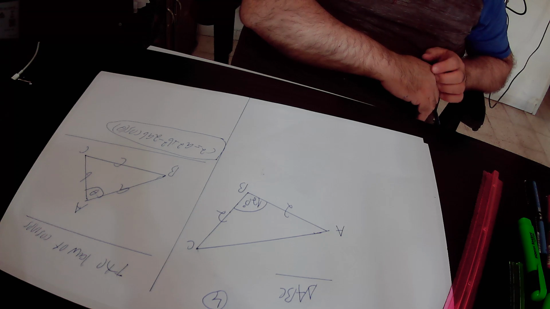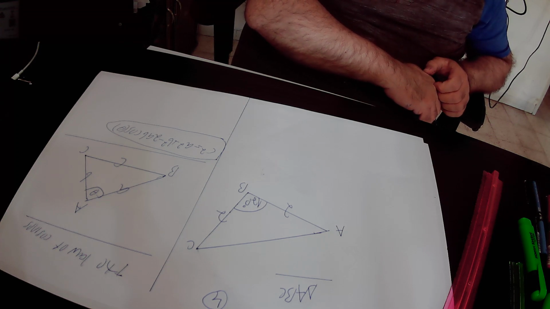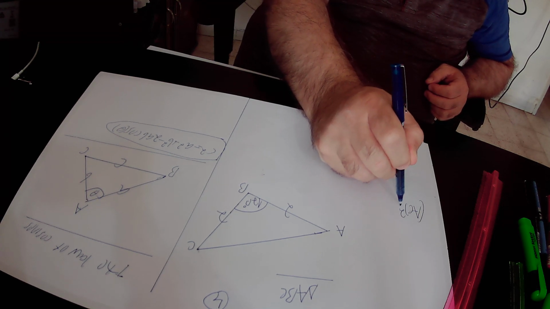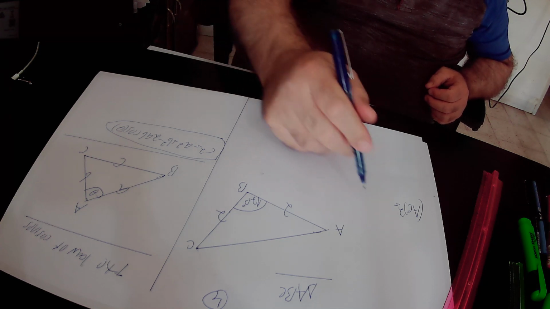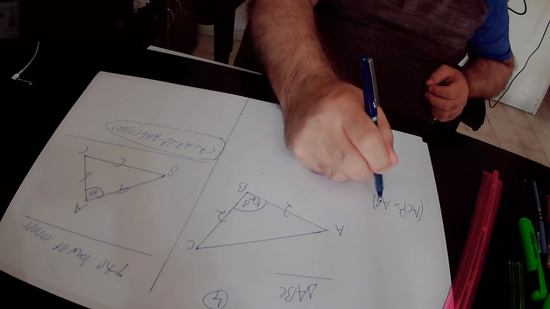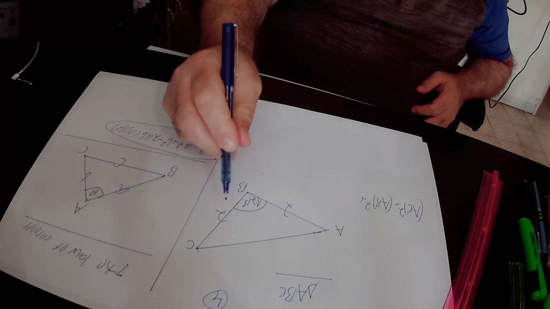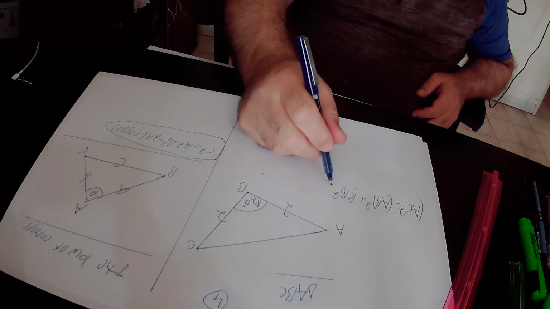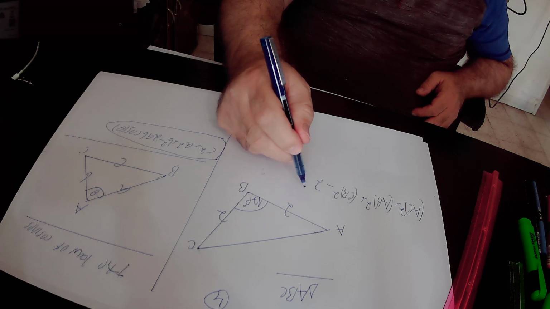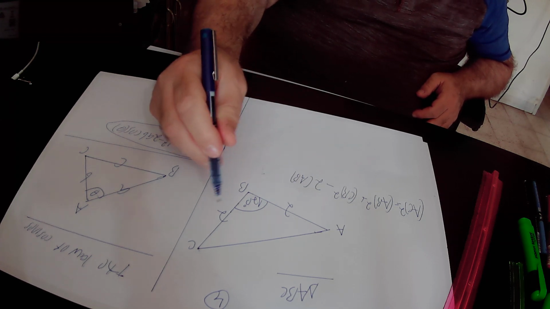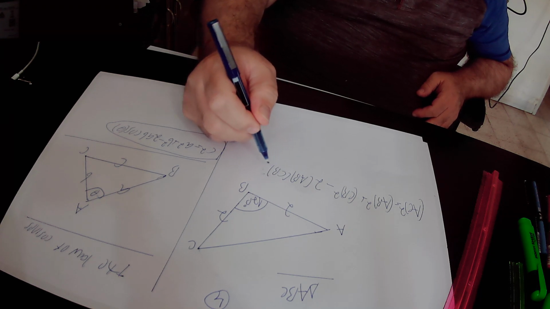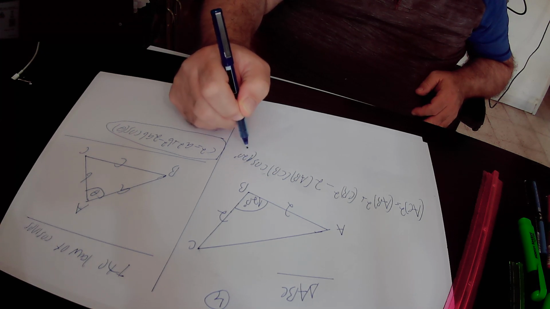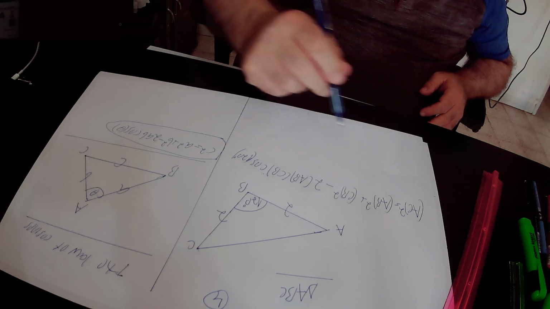According to the law of cosines, in our triangle ABC, AC squared will be equal to AB squared plus CB squared minus 2 times AB times CB times cosine 120 degrees. So this equation is the implementation of the law of cosines in our triangle ABC.